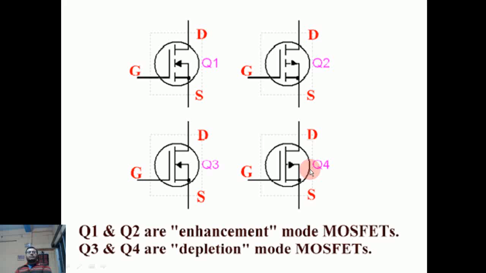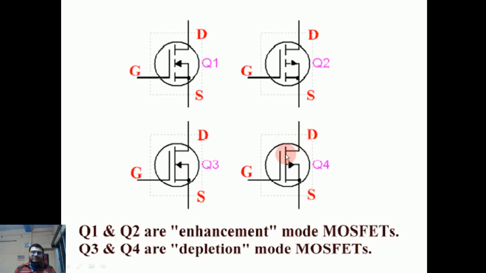Q1 is an enhancement mode MOSFET of N type, Q2 is an enhancement mode MOSFET of P type, Q3 is a depletion mode MOSFET of N type, and Q4 is a depletion mode MOSFET of P type. So these are the four types of MOSFET and the symbolic representation of each of these types.